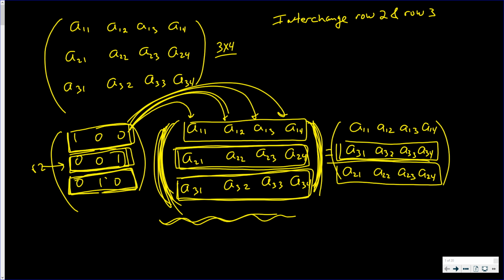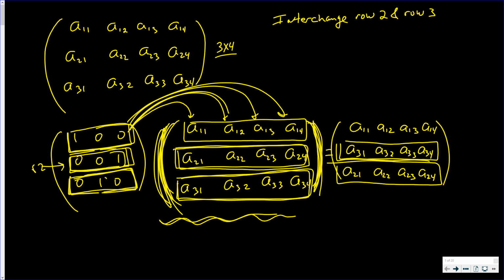Now, since this is in row 3, this row goes into row 3. To interchange row 2 and row 3, start off with the identity matrix and interchange row 2 and row 3.